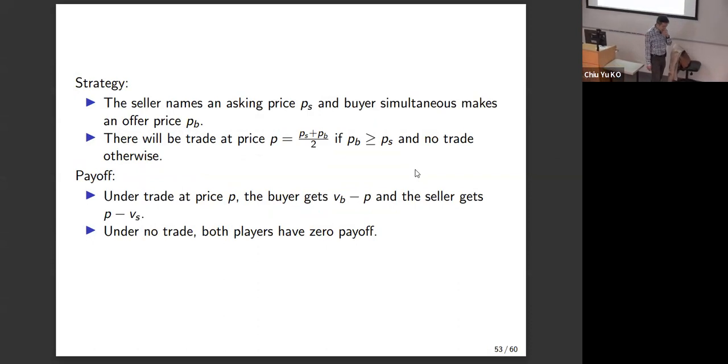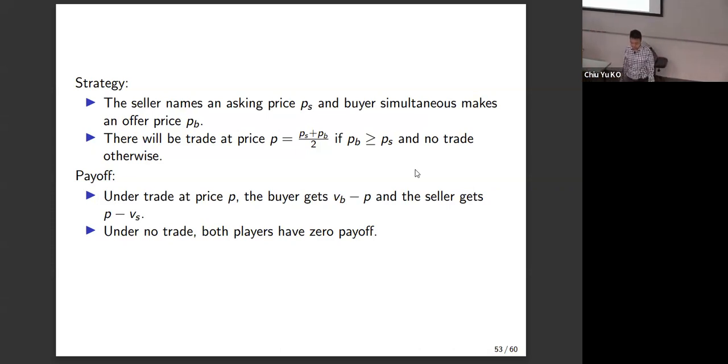In this game, we have to talk about strategy. Because this is a static game of incomplete information, they have to simultaneously announce the price. The seller wants to put a selling price, called the ask price, at which he's willing to sell the good to the buyer, and the buyer gives an offer price, the bid price.